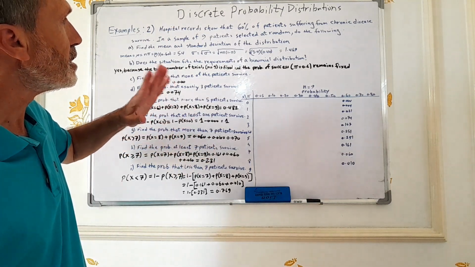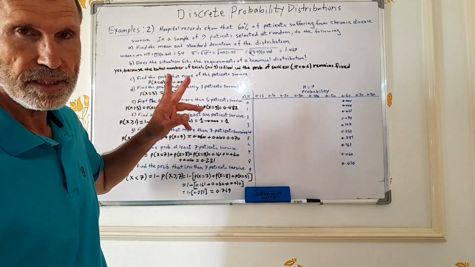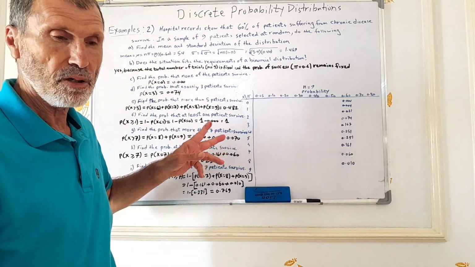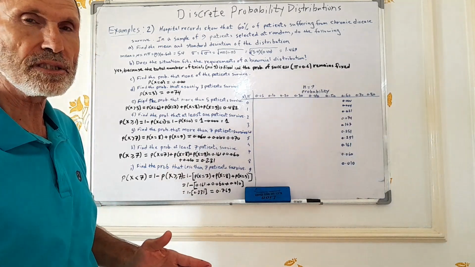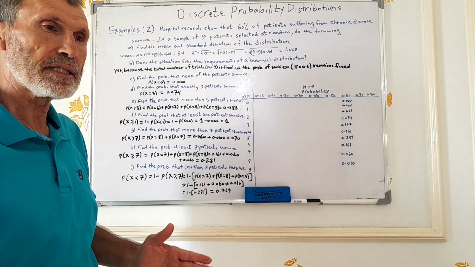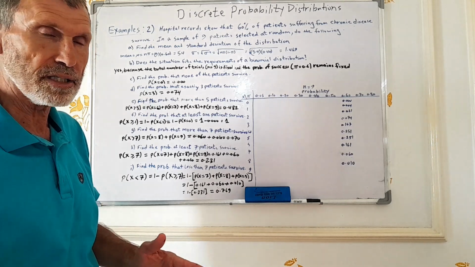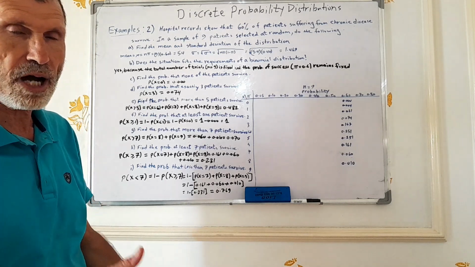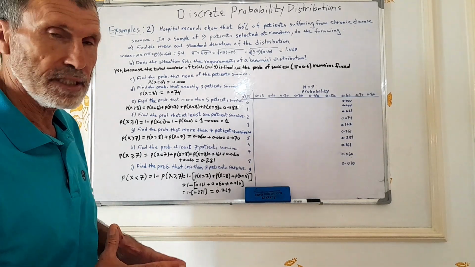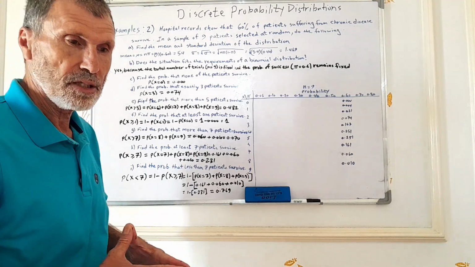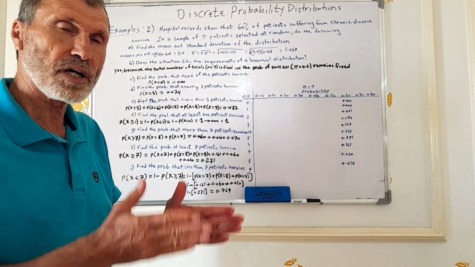That is satisfied. The third one is that the outcomes are mutually exclusive. You can't have a patient at the same time survive and die, either survive or die. So they are mutually exclusive outcomes. Also, the outcomes are independent. The outcome of one trial does not affect the outcome of another trial.